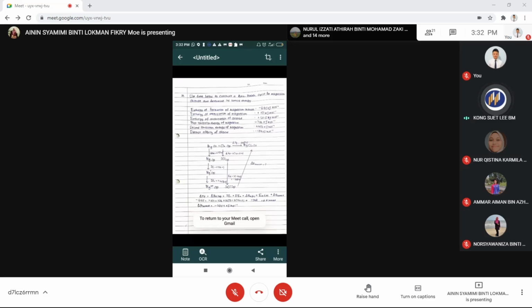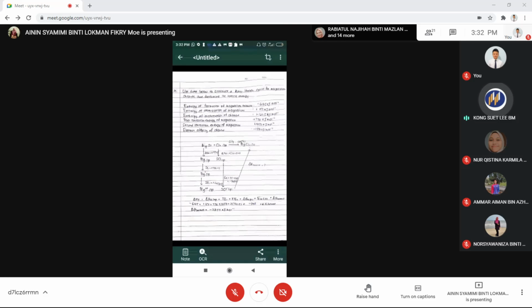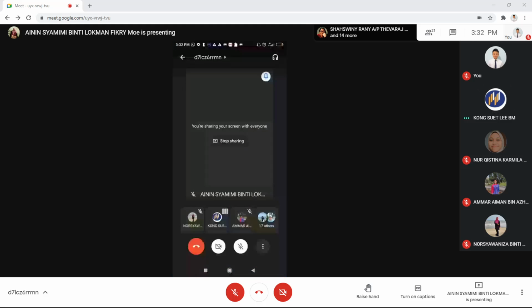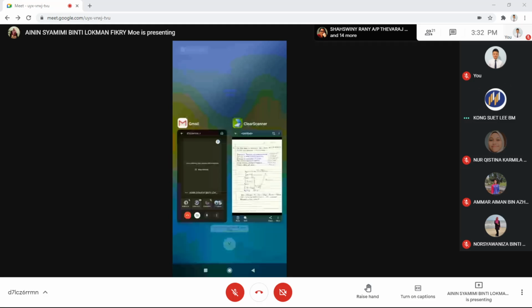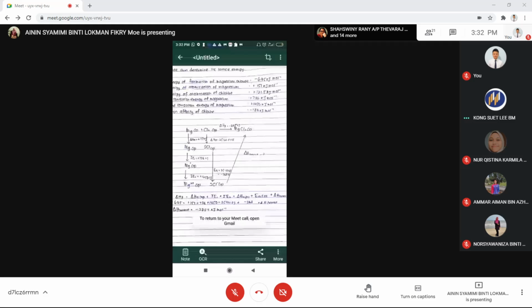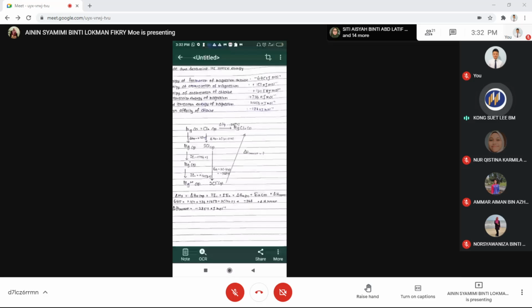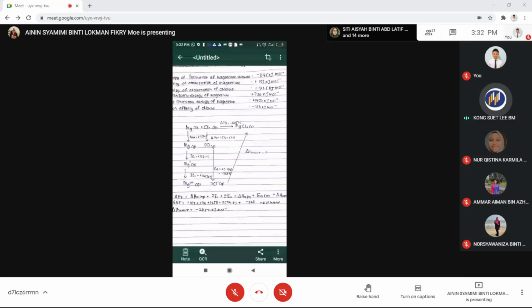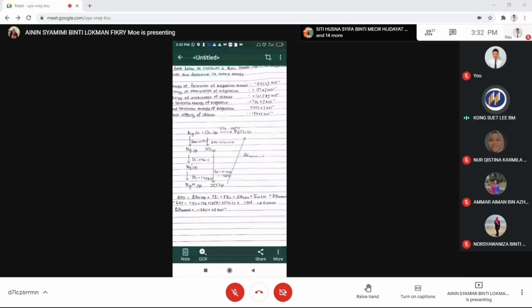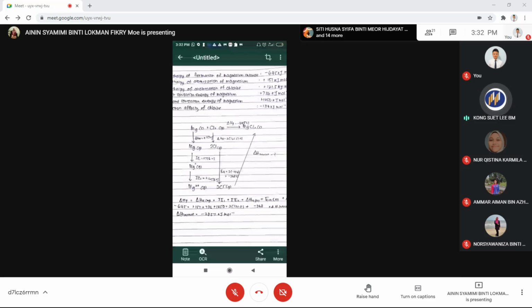Okay, yes, can. Okay, I can. You can zoom a bit for your Born-Haber cycle. Okay, Madam. Cuba zoom sikit boleh tak? Dapat zoom ke tak? Zoom. Nak nampak Born-Haber cycle tu lebih jelas.